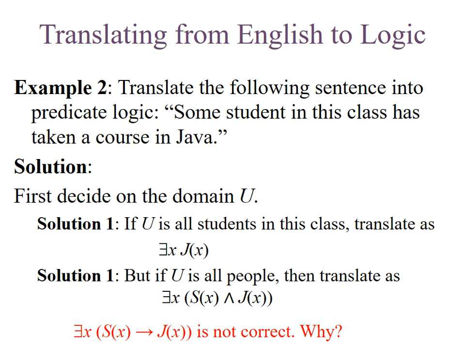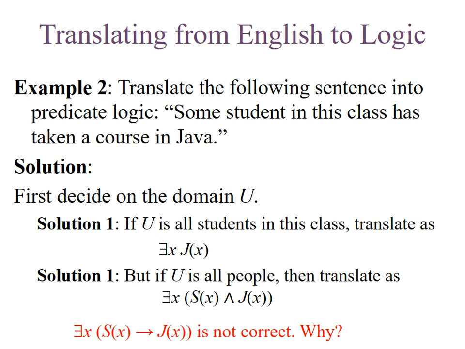But if the domain is all people, then we can write for some x, S of x and J of x. That means among all people, some x is a student in this class, and he also takes the course in Java. That follows the original description: some student in this class has taken the course in Java. Right? Is that okay?